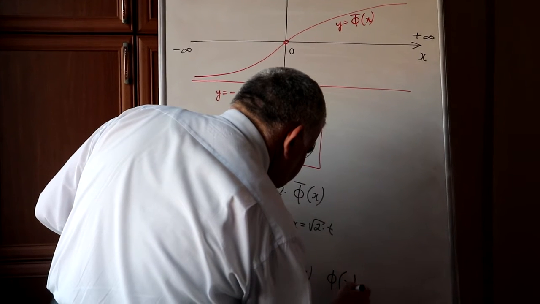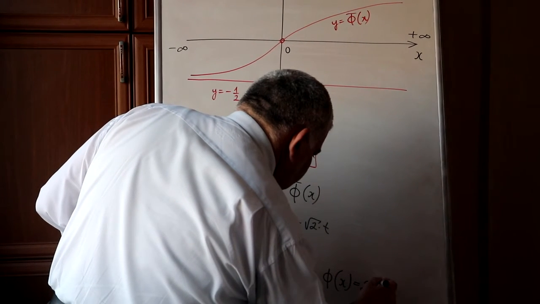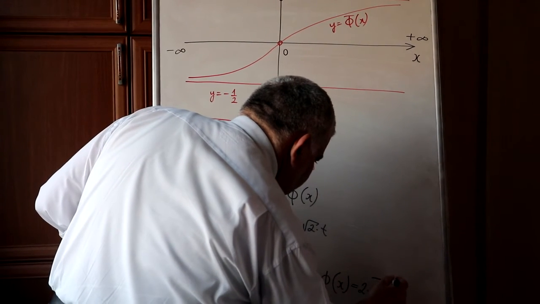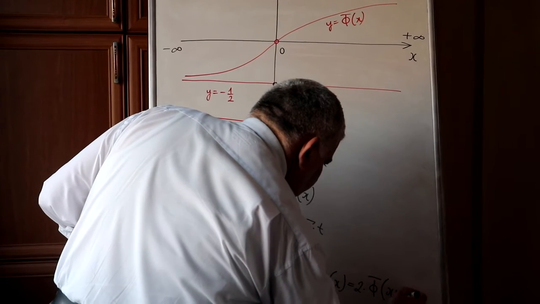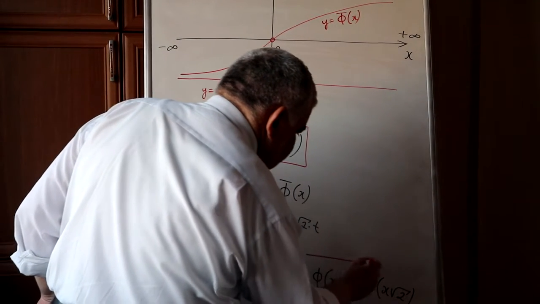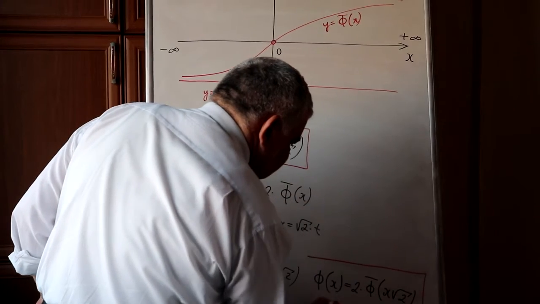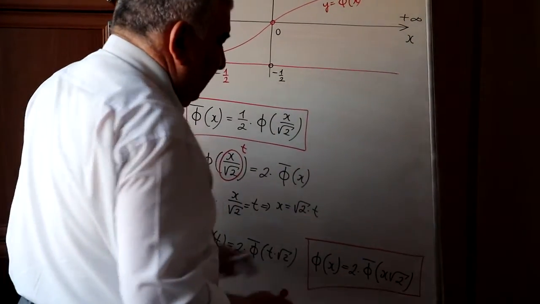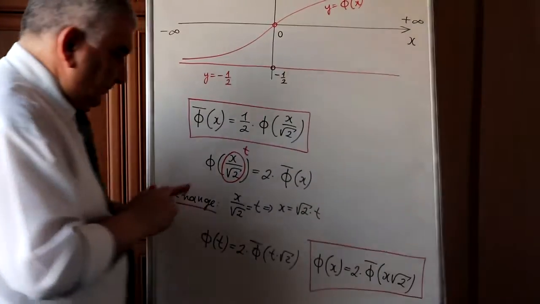Phi of x is 2 multiplied by phi bar of x multiplied by square root of 2. It is a very important formula, the formula of expressing the error integral by means of the Laplace function.